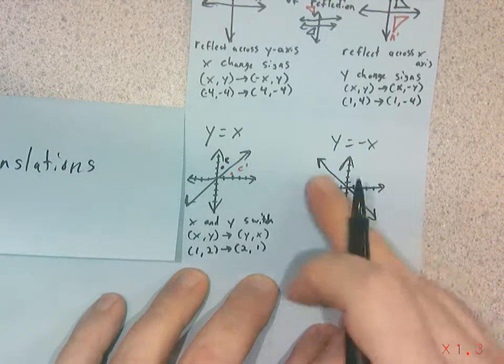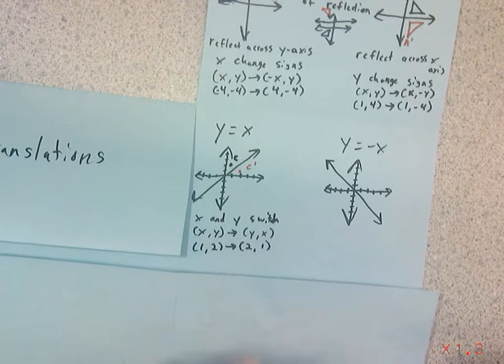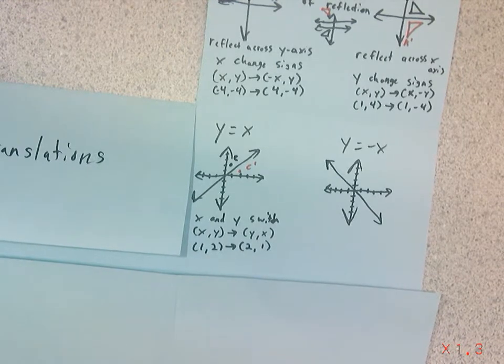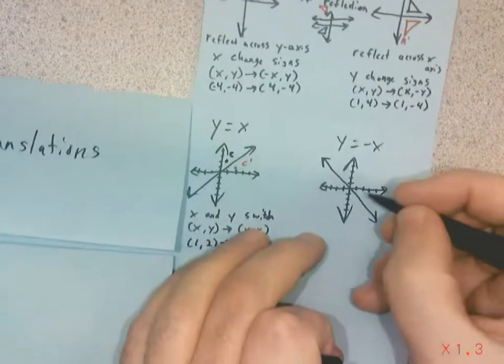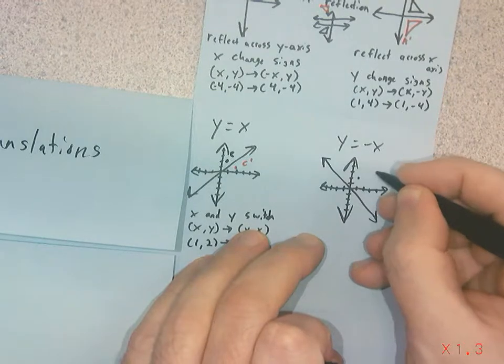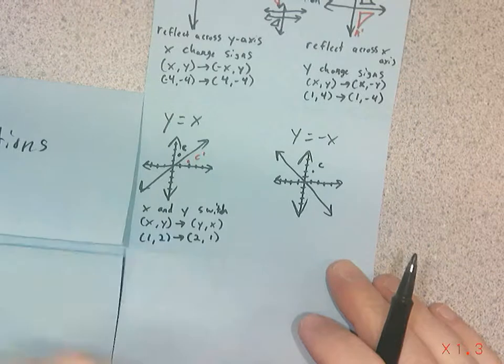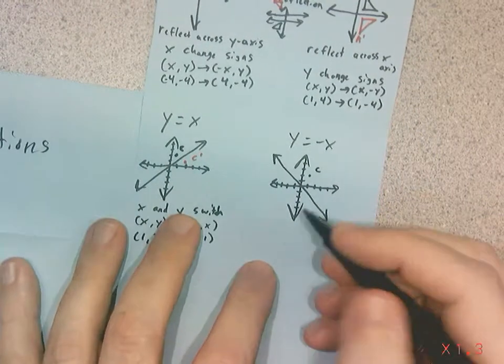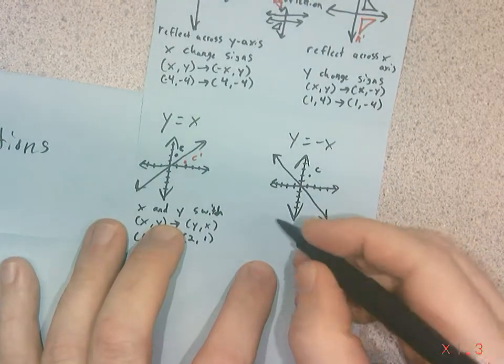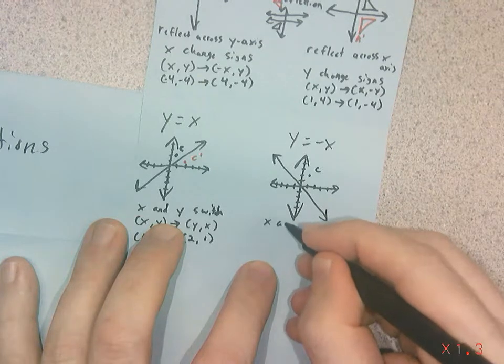So basically just, again, cutting the coordinate plane in half diagonally just with a negative slope. Okay? So if I write in C again here at 1, 2, we're going to talk about how that changes this time. So basically what happens is the x and y are going to switch again.